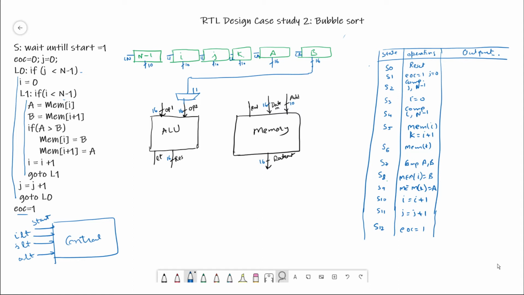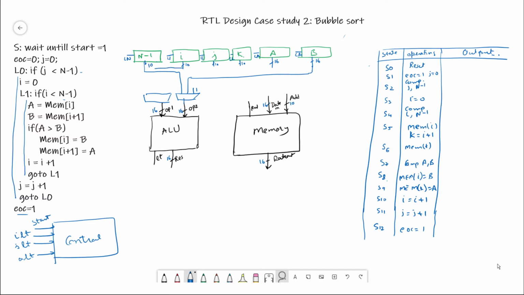So the second operand is either 1, or when we are comparing A and B, it could be B. For the first operand there is a wide possibility. Here we were comparing with n minus 1 also, so n minus 1 has to be a second operand in this case.